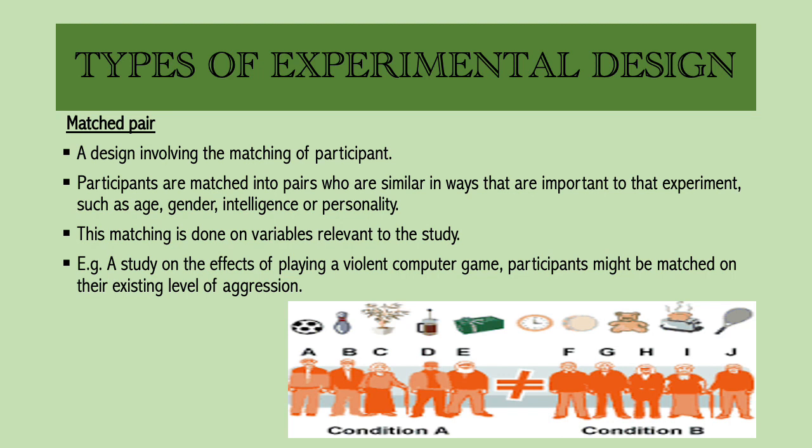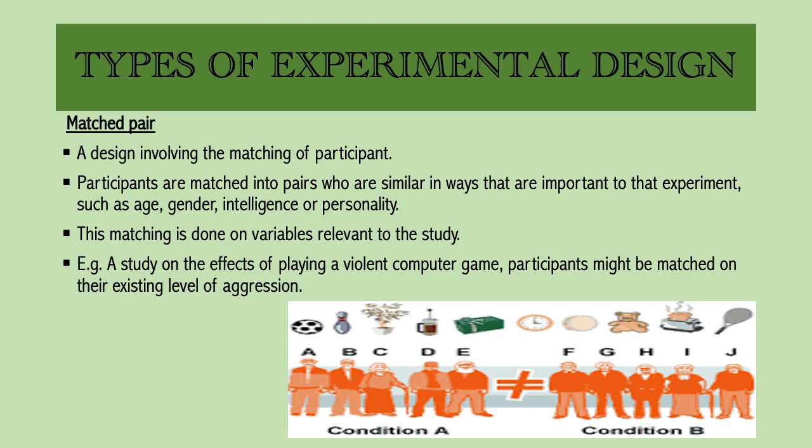So in this case, participants are put into the conditions according to their level of aggression. So for example, you have high level of aggression, medium level of aggression, low level of aggression. So those with low level of aggression are in condition A, medium are in condition B, high are in condition C. Okay, so in this case, again, they are matched according to their level of aggression, and then put into different conditions according to their similarity. So that is what matched pair means.